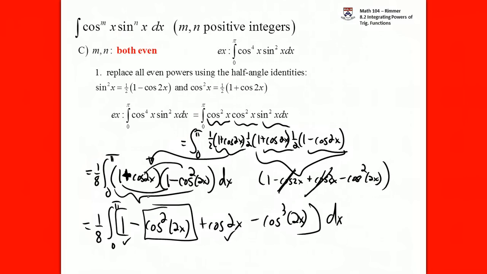Cosine squared on 2x. Do it again. It's an even power. There's no odd present with that same term. You do it again. What do you mean do it again? Trade it in for this half angle identity. Where if you have a 2 here, you better have a 4 here.